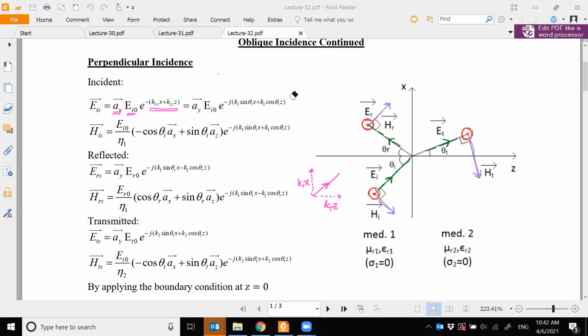This is my direction of propagation. I'm erasing it because I need some space. This was my direction of propagation, the K1 direction, and I am decomposing it into K1Z and K1X. Sorry, guys, let me make it a little bit bigger.